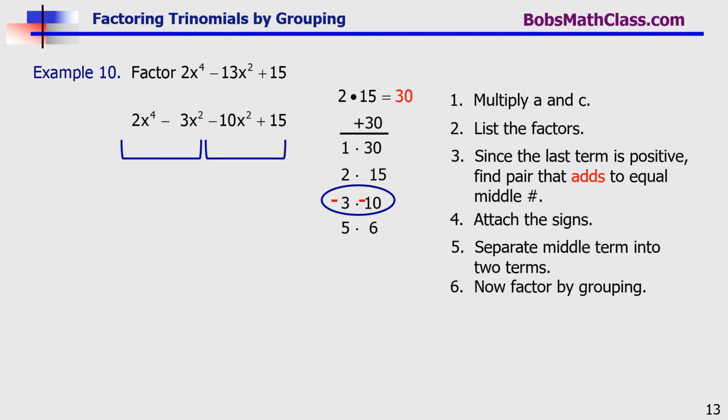What's our GCF for the first pair? That's right, x squared. So if you factor out an x squared, that's going to give you 2x squared minus 3. Now for the second pair, what's our GCF? Negative 5.